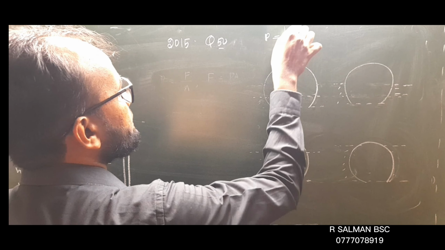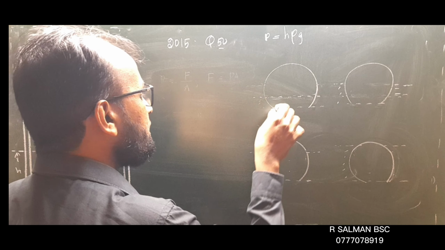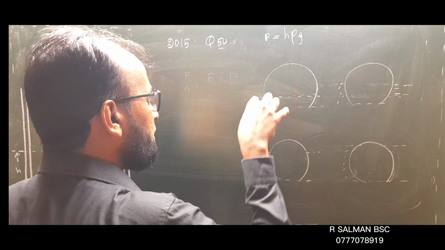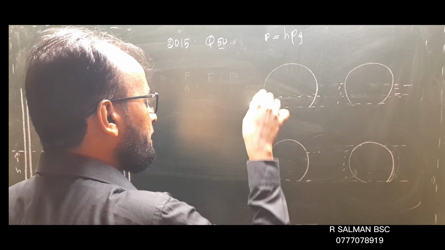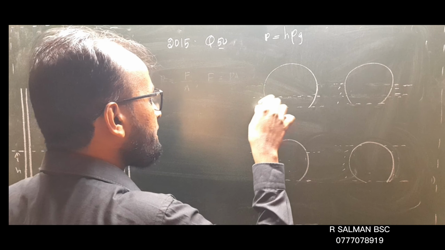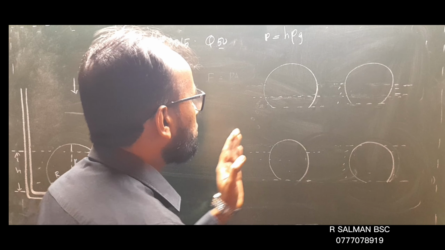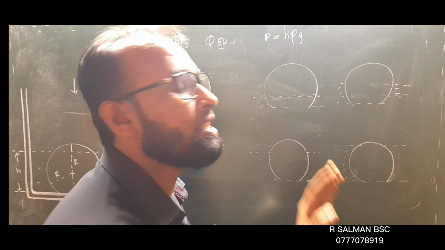As the liquid height rises, at every point you will have a normal force due to the pressure. That is what we call thrust, the force normal to the face.